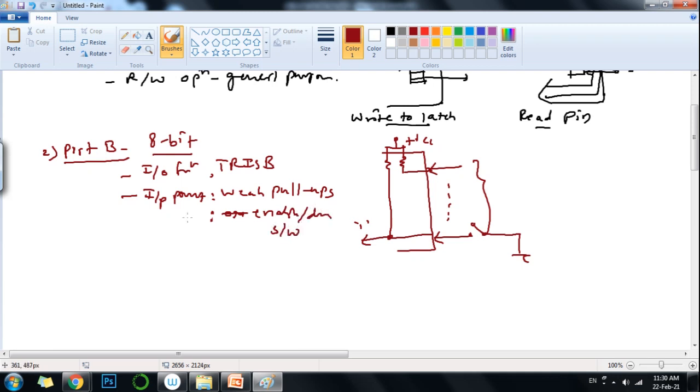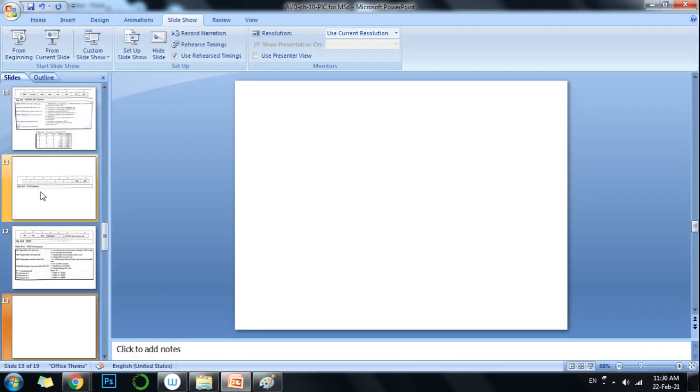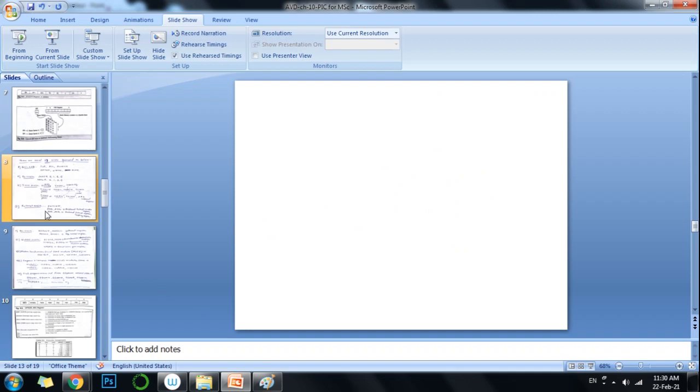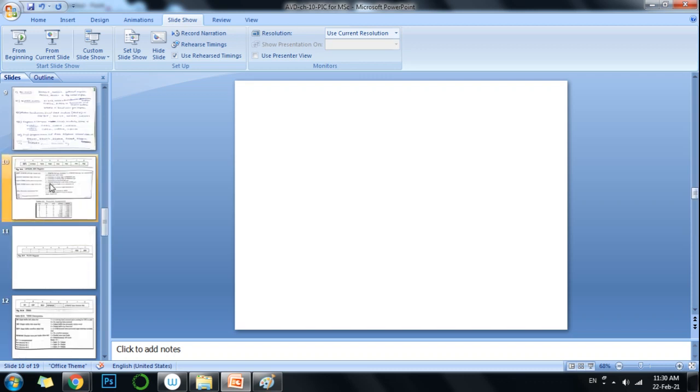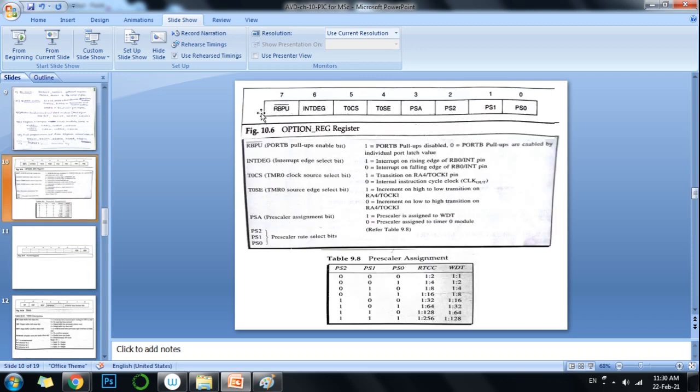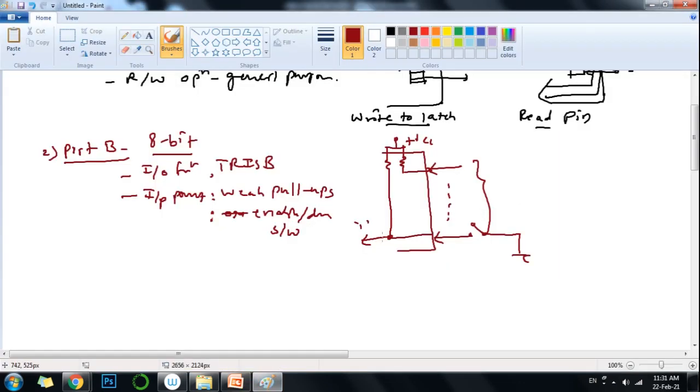There is a bit in your option register, RBPU, and this bit allows you to enable or disable the pull-ups, as you know. When you configure a port as an output port, these pull-ups are automatically disabled. So that is about weak pull-ups.